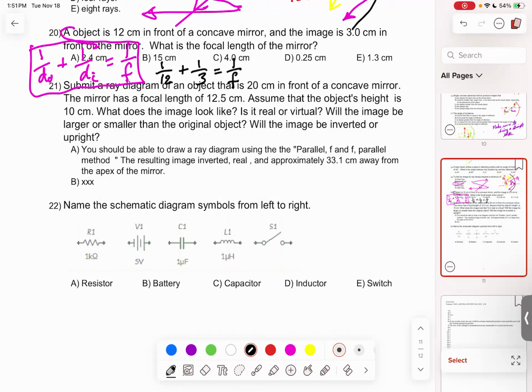Very similar to what we did with resistors that are in parallel. We should be able to figure out f. That 1 over 3 becomes 4/12.